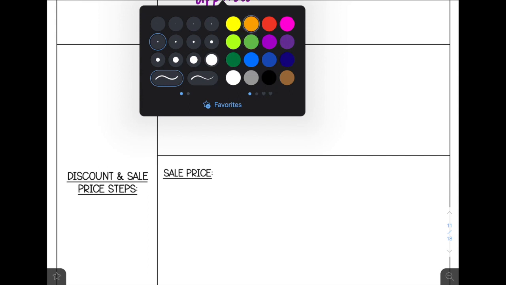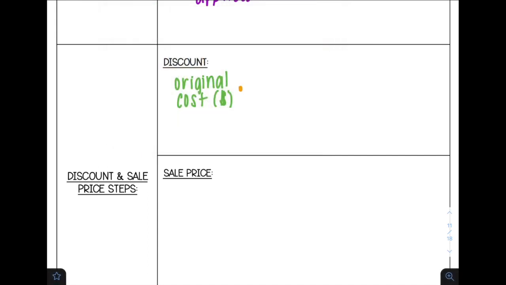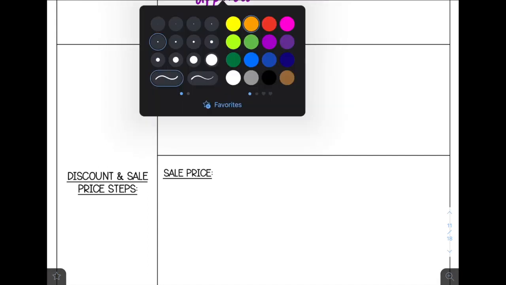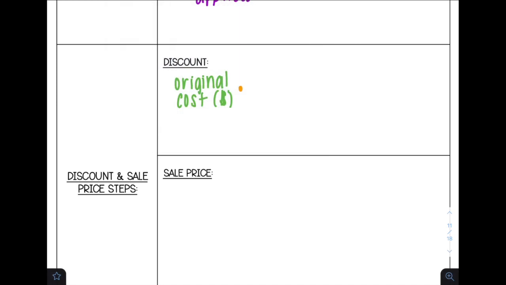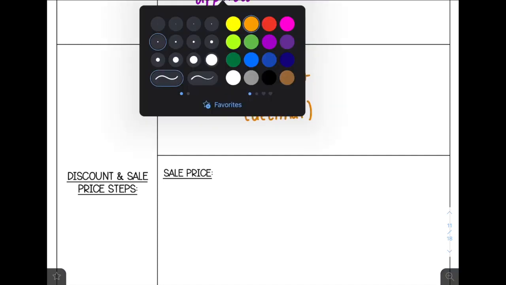You want to multiply the discount percentage, so whatever the discount is, that percent as a decimal. Remember, because this is an equation, if you wanted to figure it out with the proportion, you could do that as well.